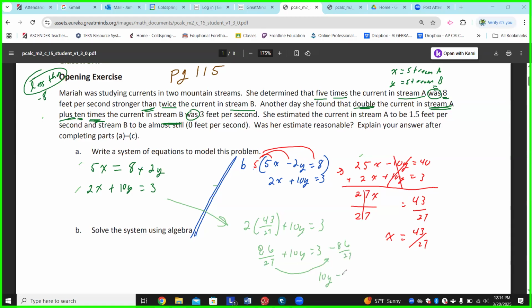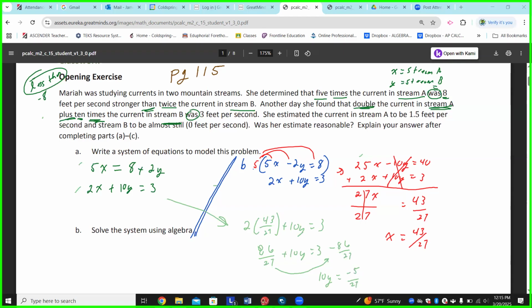You're more than welcome to use a calculator at this point. 3 times 27 would be 81. 81 over 27. Is that negative 5 over 27? Yep. All right. So it'd be negative 5 over 27.